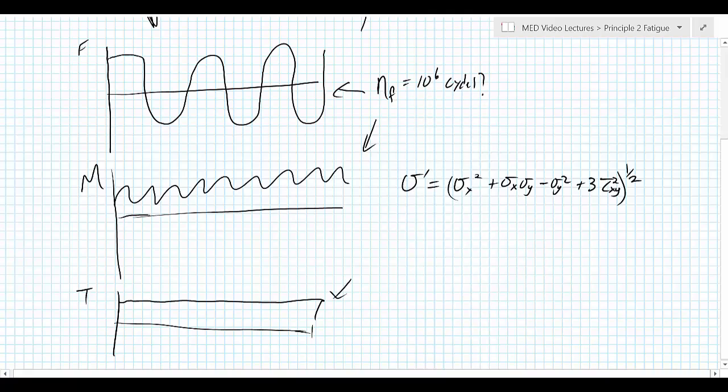This allowed us to evaluate different stress combinations. We could have bending in the x direction, we could have axial stresses in the y or the x direction. We could have shear due to a number of things, but it allows us to put them all together into one single stress value. So basically we're going to do the exact same approach now for fatigue.